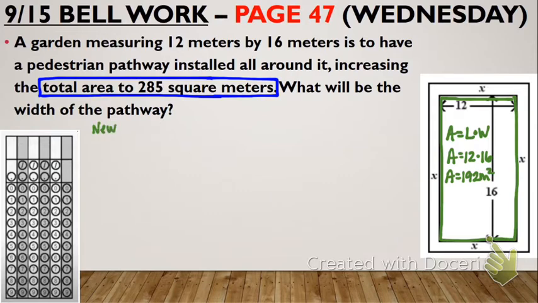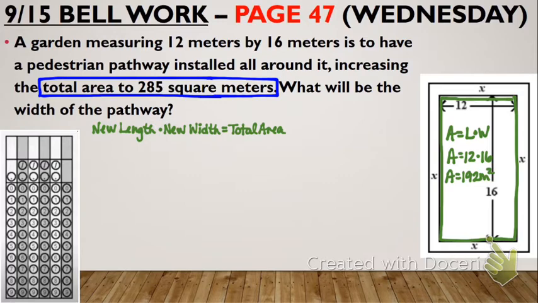So I need the new length that would include the sidewalk. I need to multiply that by the new width, again, that includes the sidewalk. And that would give me my total area. So let's figure out what the new length and the new width are.